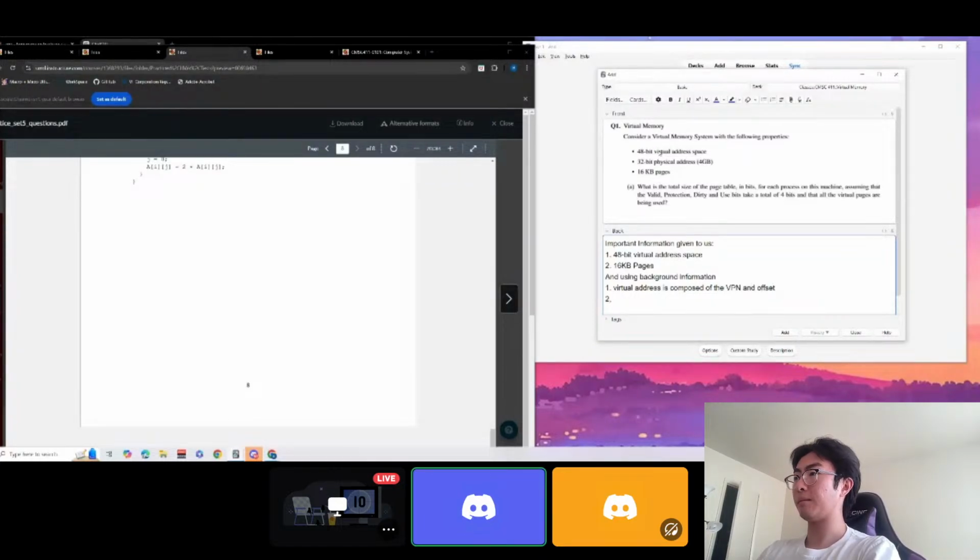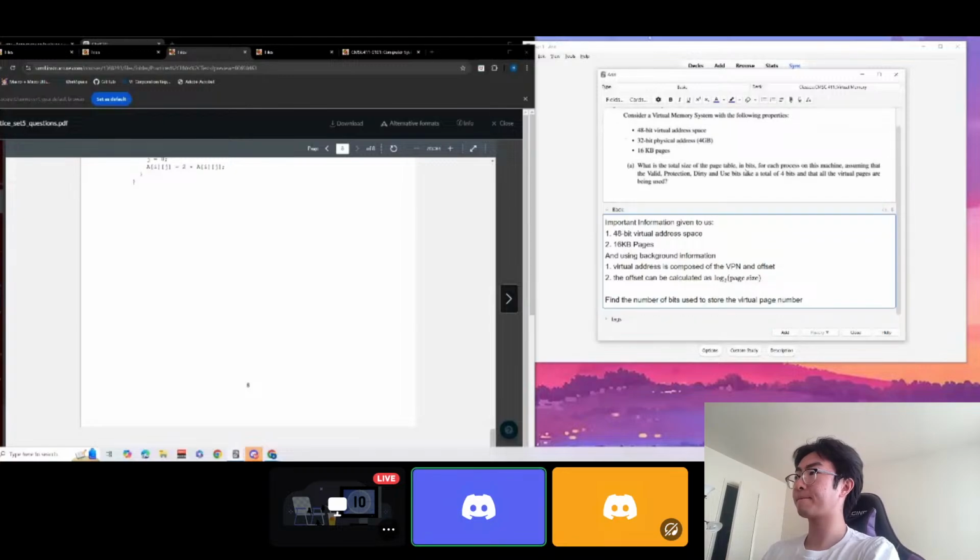Okay, that means the offset can be calculated as log base 2 of page size.